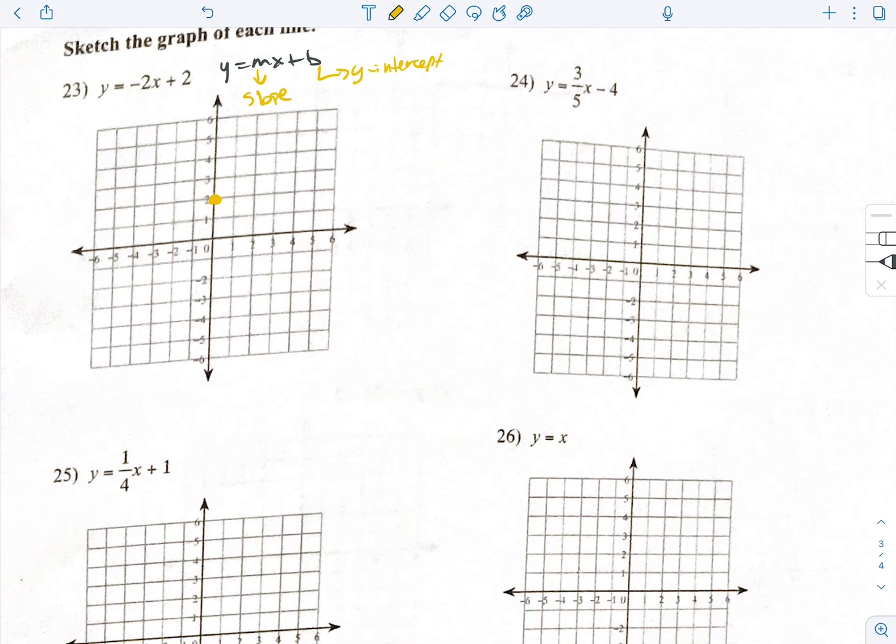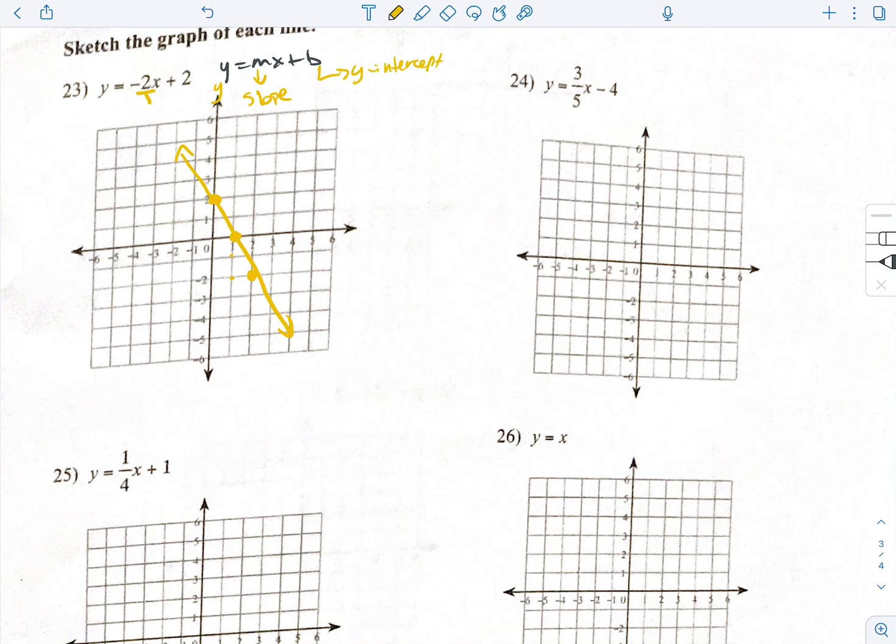And then we're going to use our slope, which is -2 over 1. And we're going to go down 2 and right 1. Down 2, right 1. That's how we make our graph. We use the slope from the y-intercept. And then we connect.